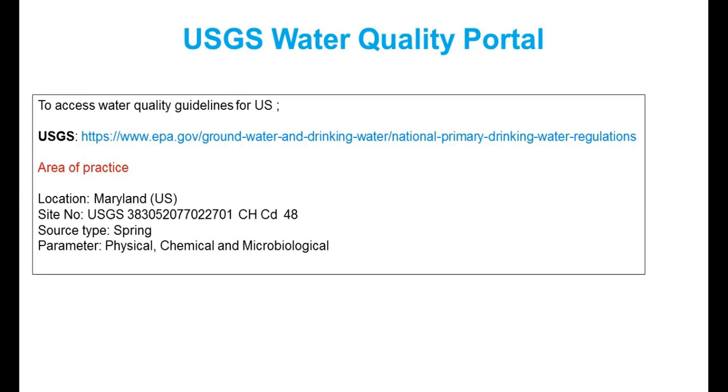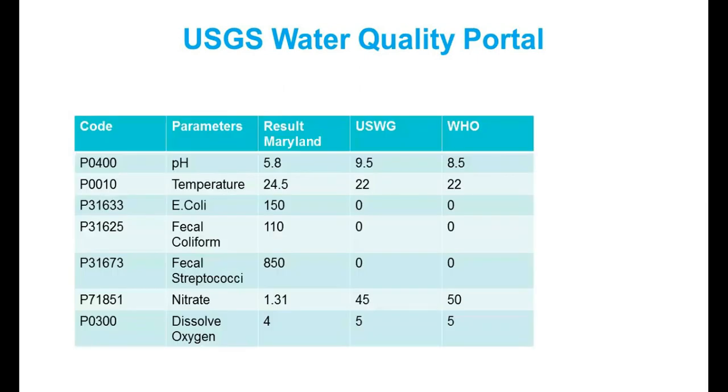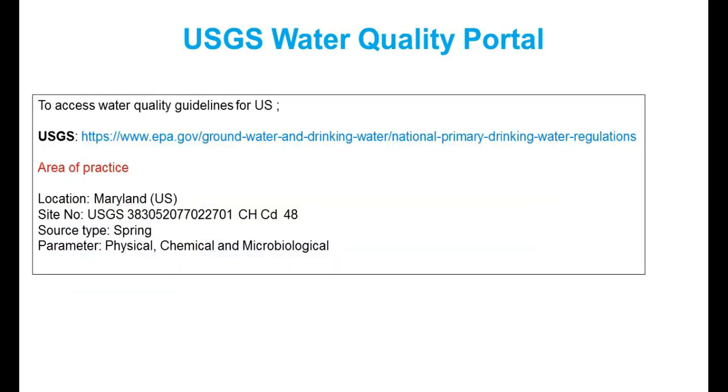So today we are going to practice more on the UK data, which we treated yesterday, and the other data, the data for the US, you're going to use for your own practice, following what I'm going to show in this presentation. So this is for the US. If you want to get the quality guidelines for the US, this is the link.